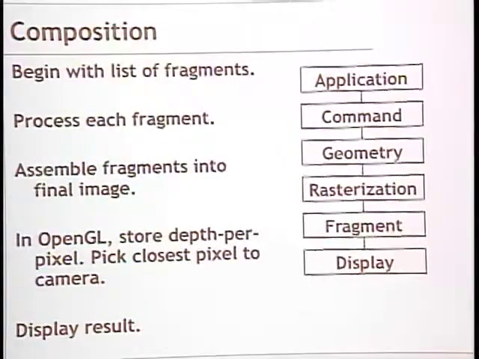So the way we typically do this in OpenGL is that we store how far each fragment is away from the camera, and we take the fragment that's closest to the camera. That doesn't deal with stuff like transparency. It only deals with opaque surfaces. If you actually do have transparency, then you have to do some blending and so on. We'll talk about that later in the class. But using this depth test, this frame buffer, what's called a depth buffer, a buffer with a depth at every pixel, is how we end up resolving that.